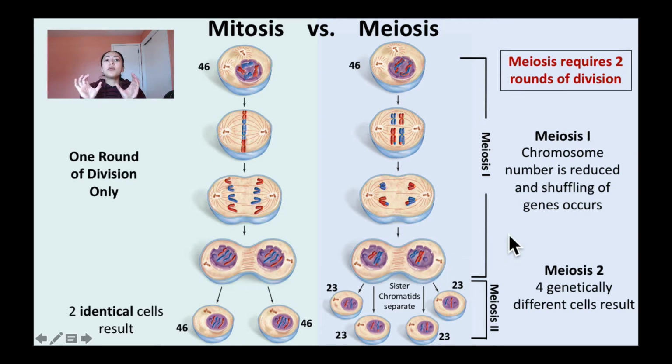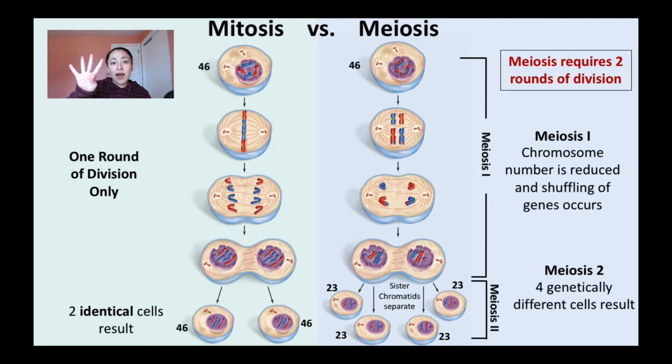However, these two haploid cells have copies of the DNA inside of them, so they actually have to be further divided again. And we're not going to get into the details of this in this lecture. However, just know that meiosis 2 has to occur, and each of these two cells will further divide into two cells. So the result is 4 genetically different cells.